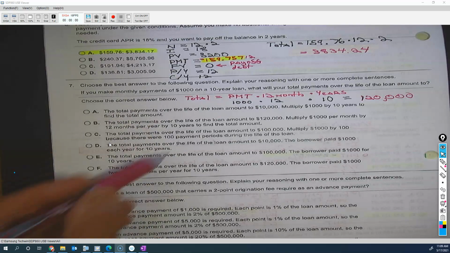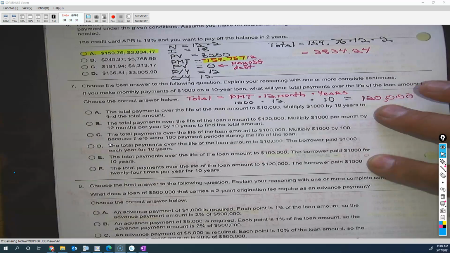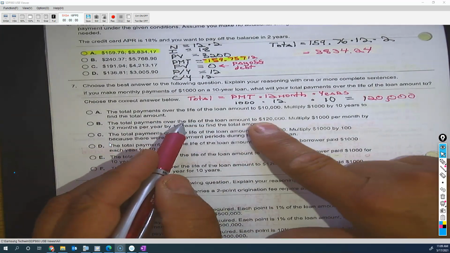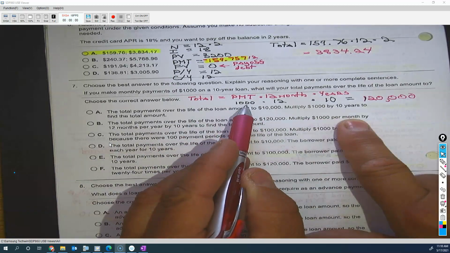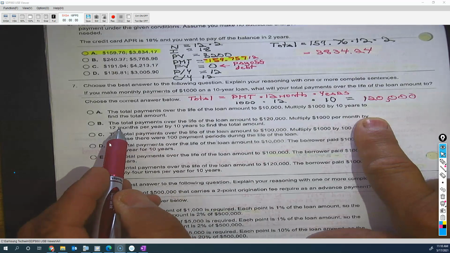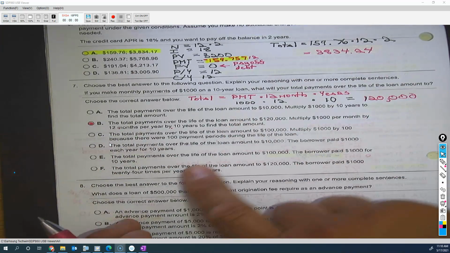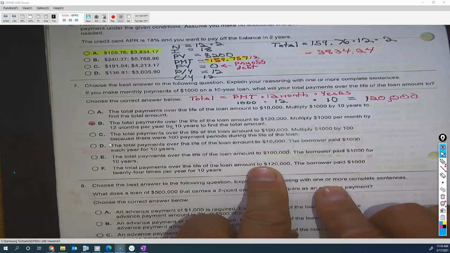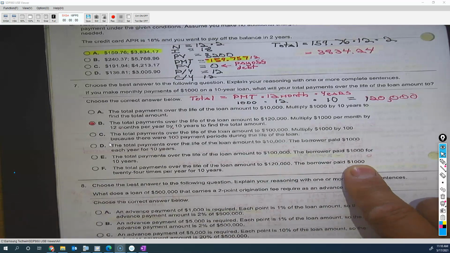Okay, so we're looking for 120,000. Oh, there's two answers with 120,000 in them. All right, so the first one says the total payments over the life of the loan is 120,000. You multiply 1,000 per month by 12 months by 10 years. Okay, that sounds right. This one down here says the total payments over the life of the loan is 120,000, the borrower paid 1,024 times a year.